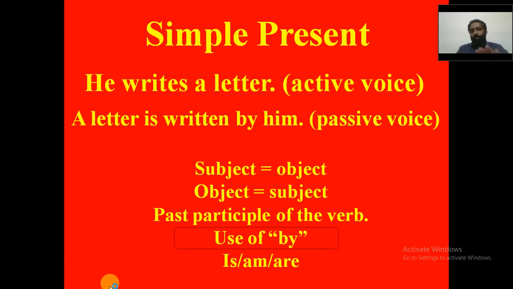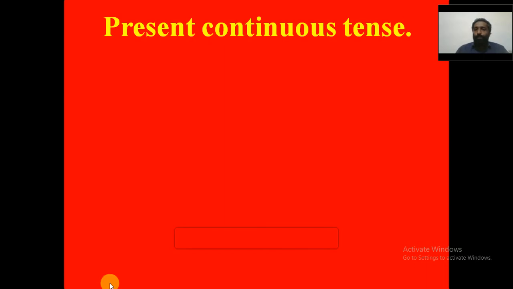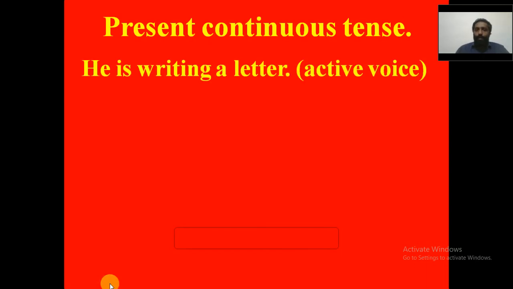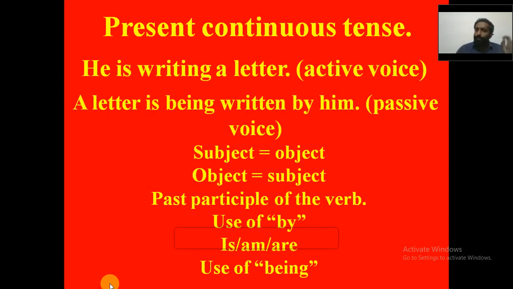I hope you have understood the simple present tense. Now moving on to the next one, present continuous tense. He is writing a letter, that is in active voice. A letter is being written by him, that is in passive voice. So what are the changes? Subject he becomes him. A letter, the object, becomes the subject in passive voice.